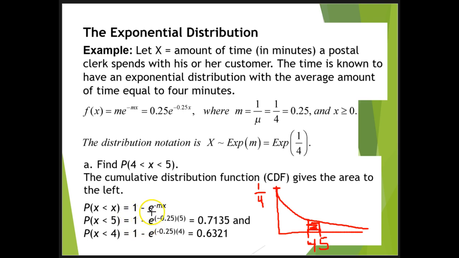So 1 minus e raised to the negative m times x, plug it in, and the probability of x is less than 5 is 0.7135. The probability that x is less than 4 is 0.6321. And let me show you how to do this on the calculator.